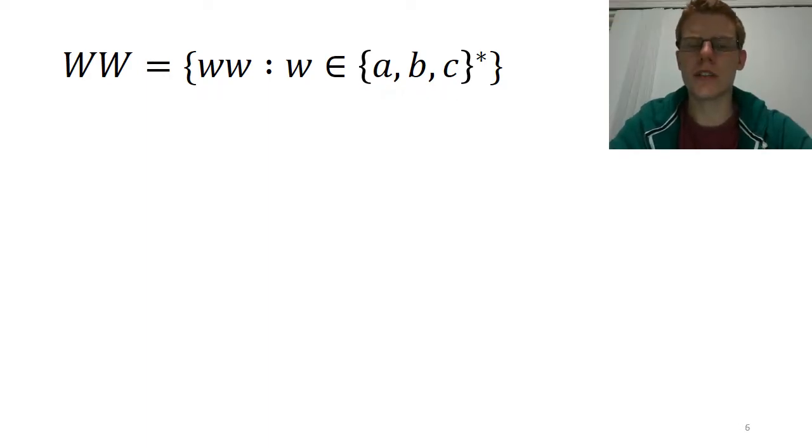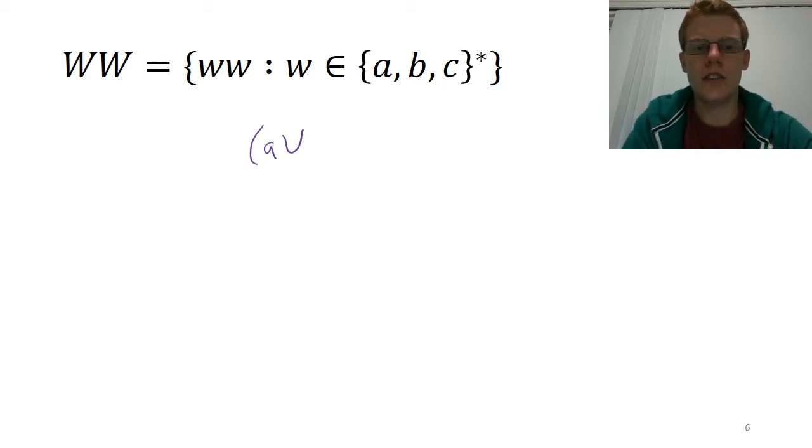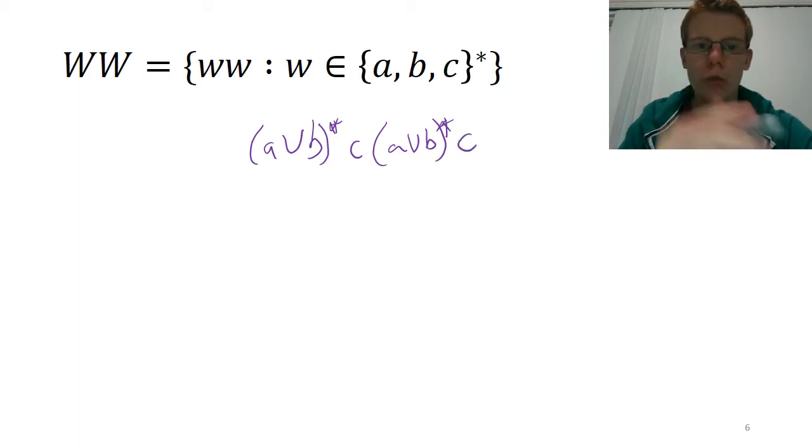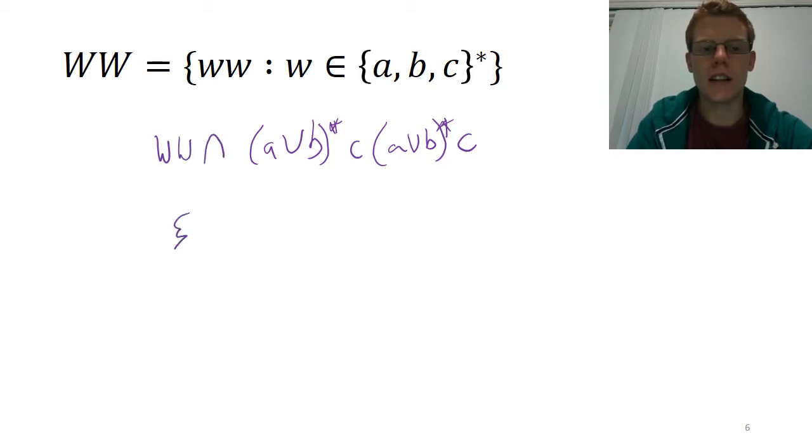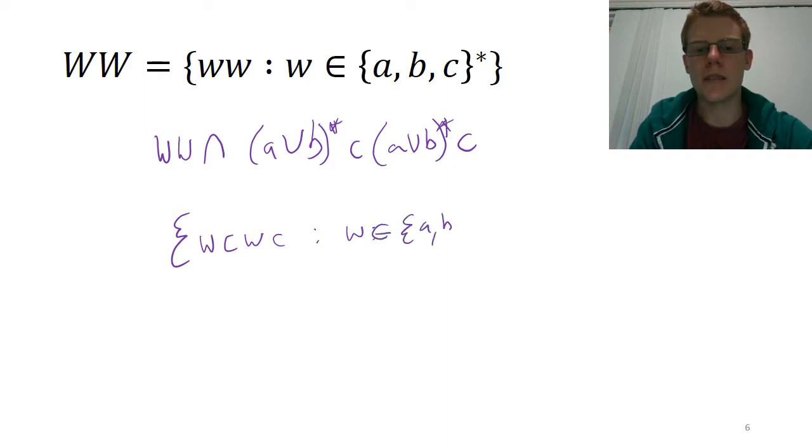Now the regex that we're going to use to do this is the regex (A union B) star, C, (A union B) star again, C. What we end up with as a result of intersecting WW with this regex is the language of strings of the form WCWC, such that W is some string made up of just A's and B's.